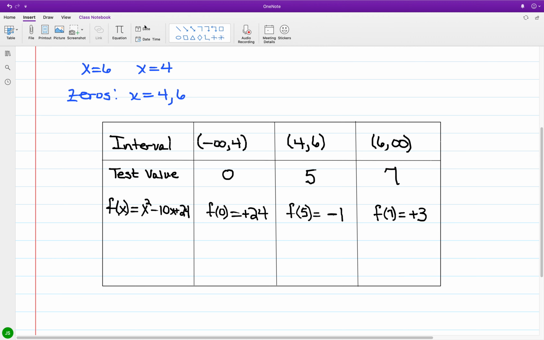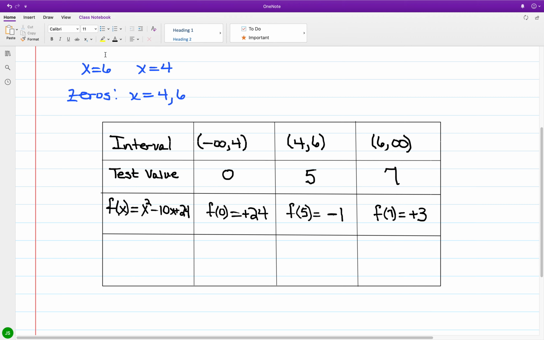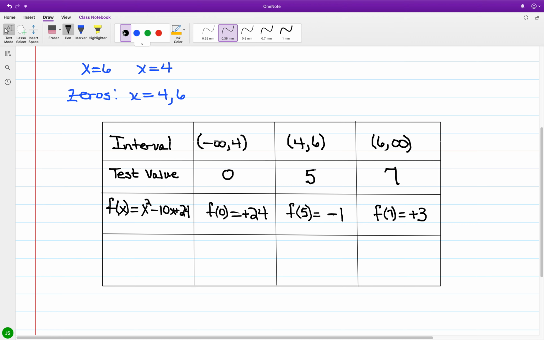Now, looking at the determination of the sign values, I have the sign of f of x. Anything we plug in for x that is less than 4, the result is going to be positive.